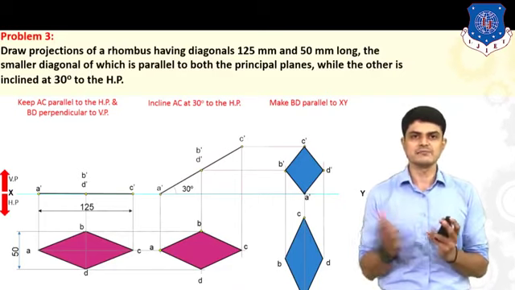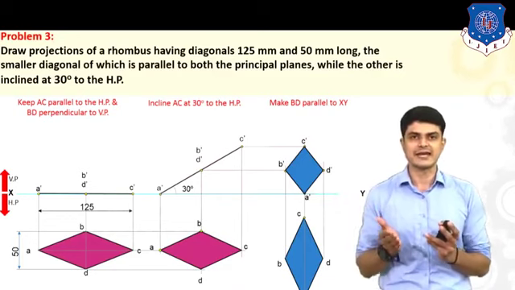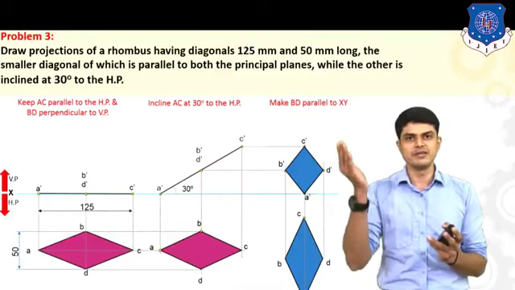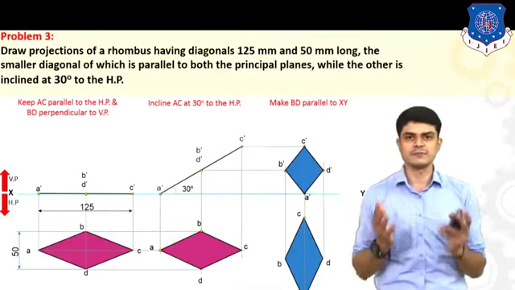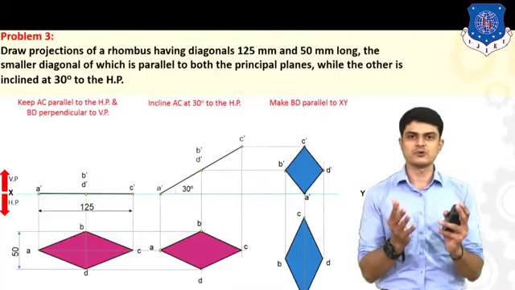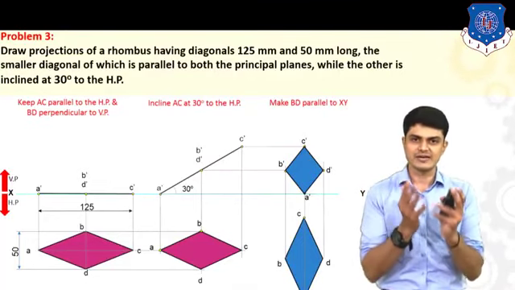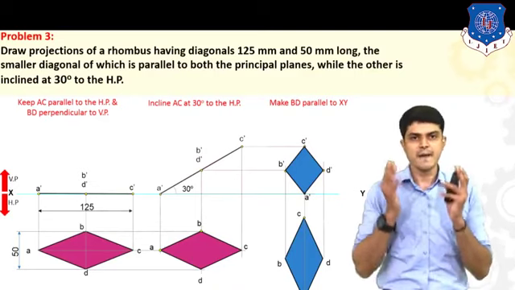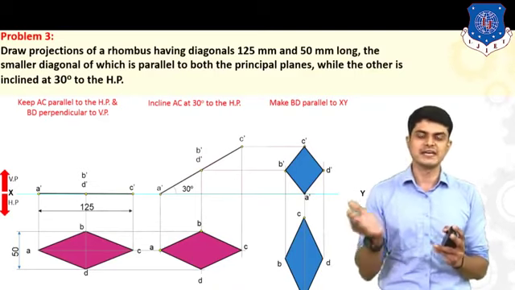So we should make this BD smaller diagonal parallel to the XY line, and we know that the XY line represents your VP as well as your HP. So if we draw your BD line parallel to XY line, your BD would be parallel to both the reference planes, HP as well as VP.